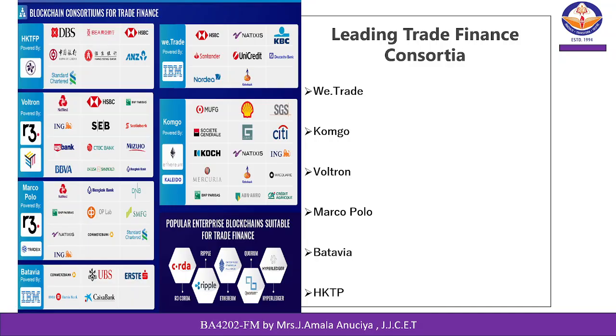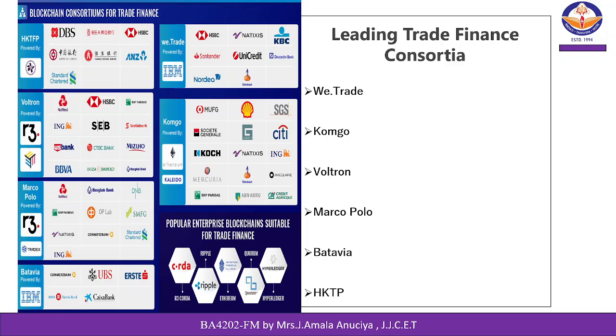Key members include HSBC, Unicredit, Natixis, and others. A total of 8 banks are working together. IBM is currently providing trade finance blockchain support, and they are also taking the help of Hyperledger Fabric.